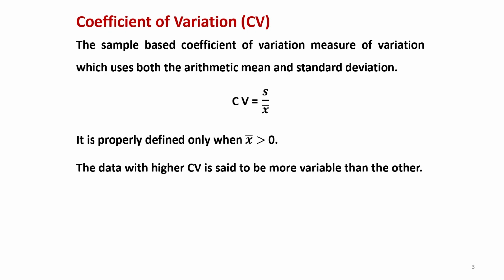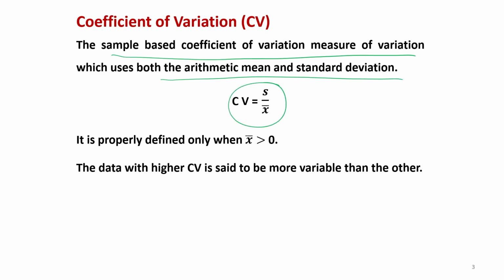Based on that, we define the sample-based coefficient of variation, which measures the variation using the arithmetic mean and the standard deviation as CV is equal to S upon X bar. You know that standard deviation is always positive, but X bar can be negative or positive, or it can be 0 also. So it is important to note that the CV is properly defined only when X bar is not equal to 0.